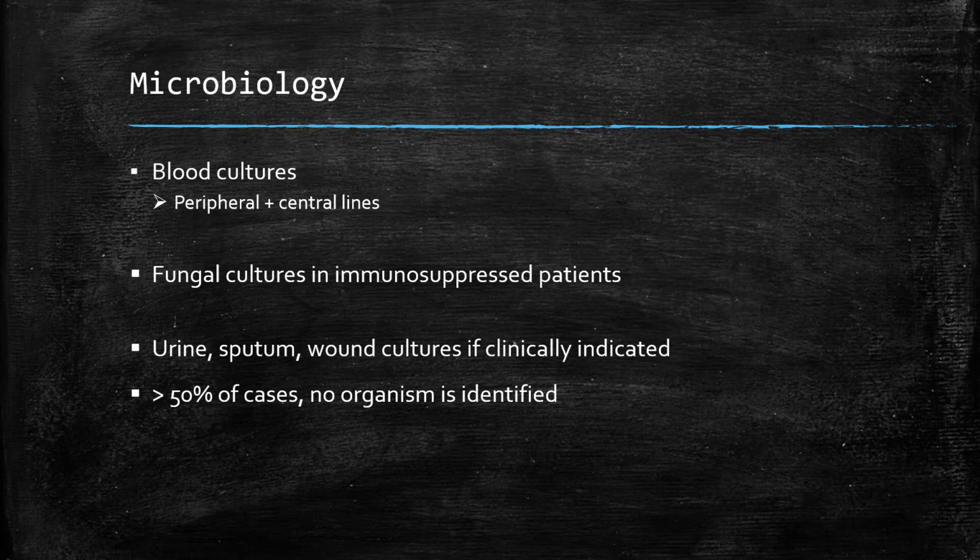Urine, sputum, and wound cultures should be obtained if clinically indicated. And interestingly, in over 50% of cases, no organism is ever identified in a septic patient. And so a positive culture result is not necessary to treat a patient for sepsis.